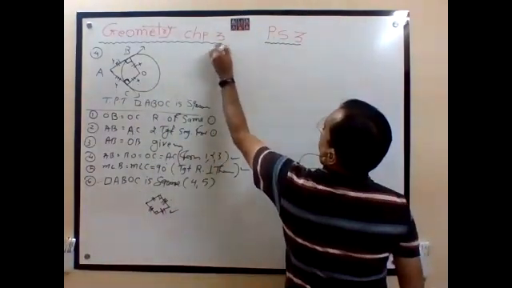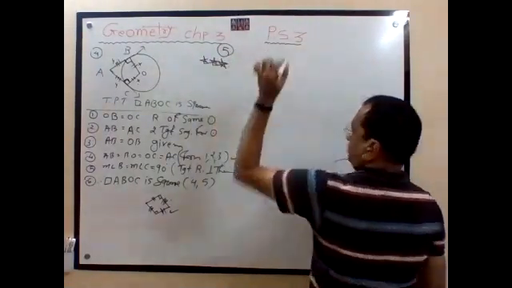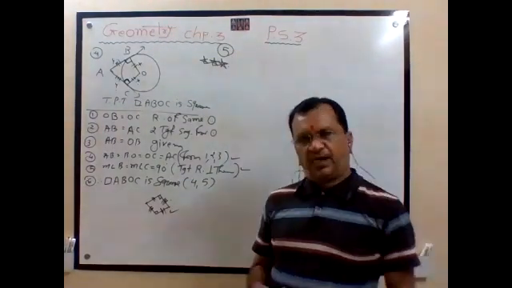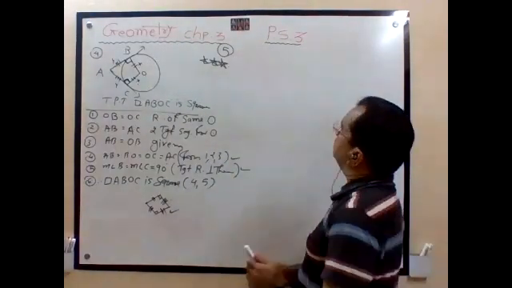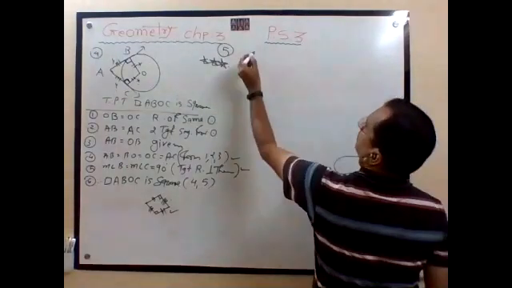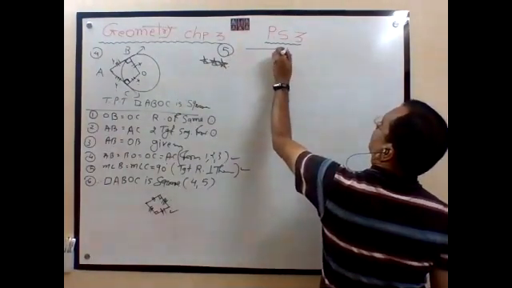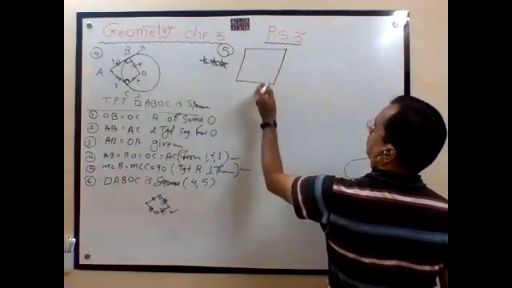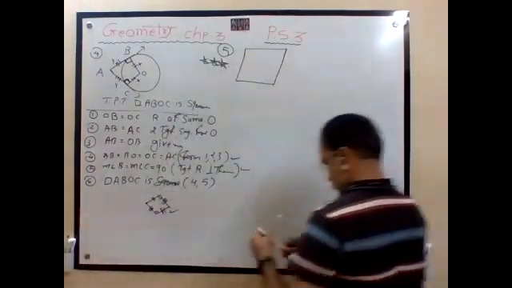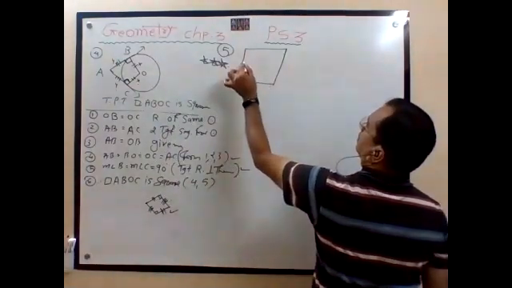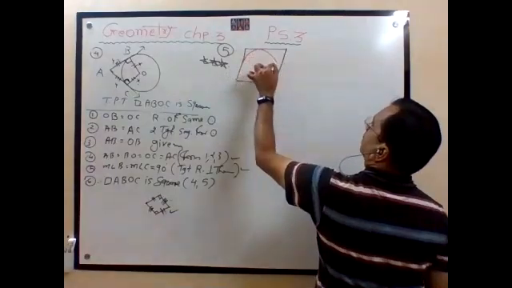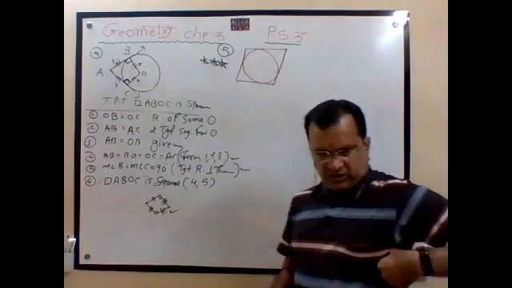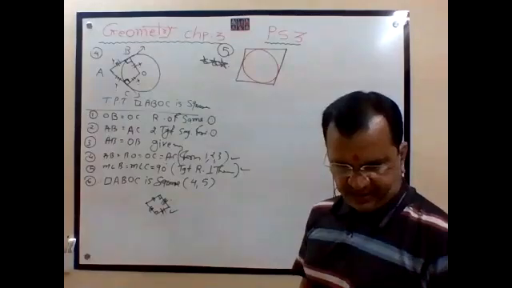Fifth one, make triple star. In a calculation, they have asked this many times. A circle touching these sides.